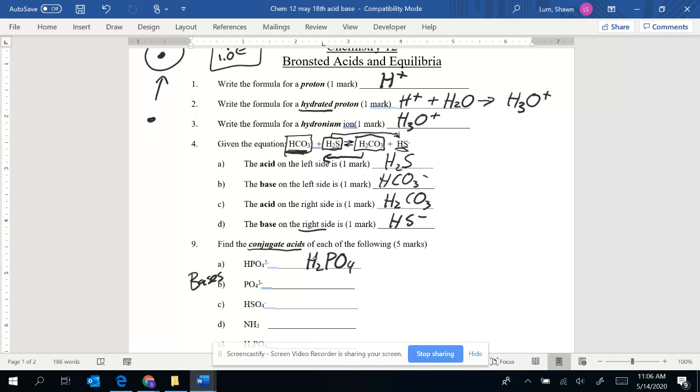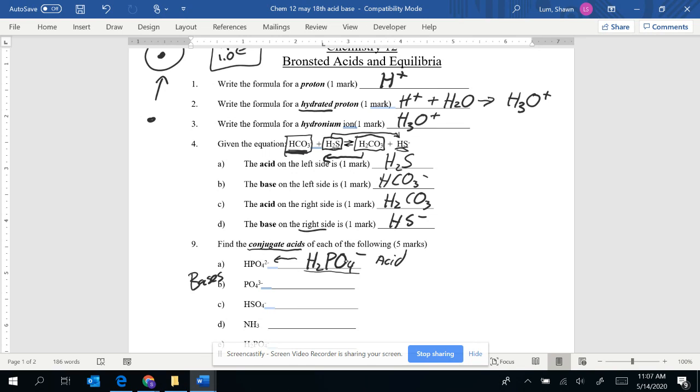Since we added a plus, it used to be a 2 minus, so now it's just a 1 minus. This is the acid right here, because if this H2PO4 turned into this, it would have to lose or donate a hydrogen. So that makes this one right here an acid.